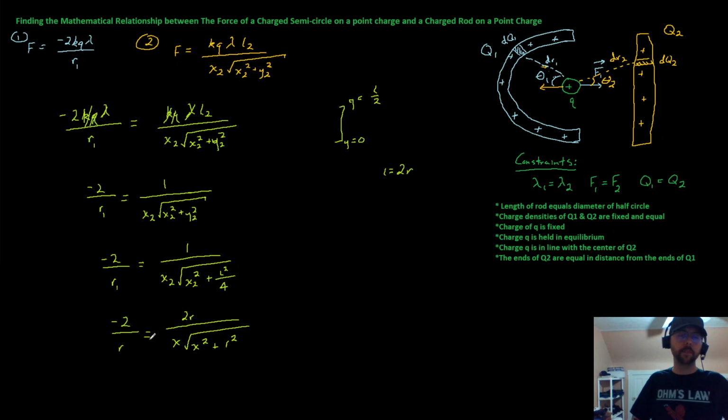Now I can divide by 2, multiply by r, so I get -1 equals r squared over x times the square root of x squared plus r squared.